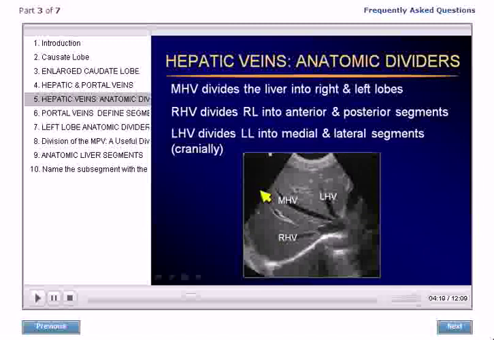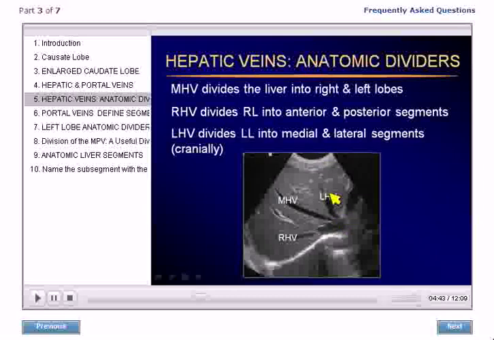Here's a transverse section high in the liver, and we see the three hepatic veins coming together at the inferior vena cava. The middle hepatic vein divides the liver into right lobe and left lobe. The left hepatic vein divides the left lobe into medial and lateral segments.